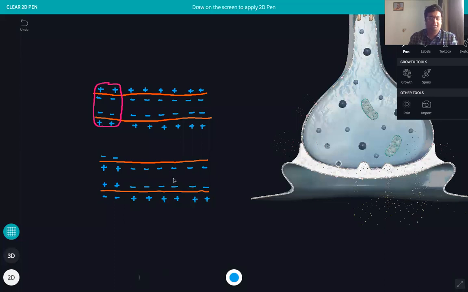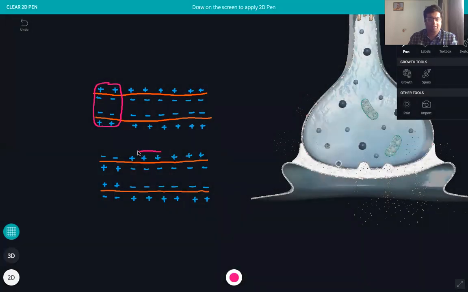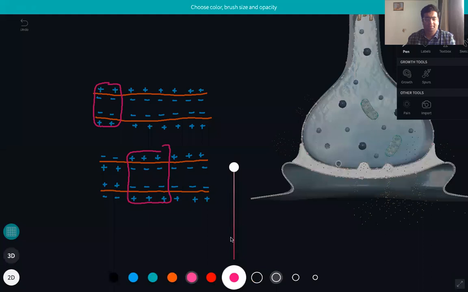The initial region, which has now undergone depolarization, serves as the stimulus for the next region to undergo depolarization. This region that I'm now highlighting will be the next one to undergo depolarization, whereas the previous region would repolarize. I repeat, the previous region will repolarize. So let us see what happens here.